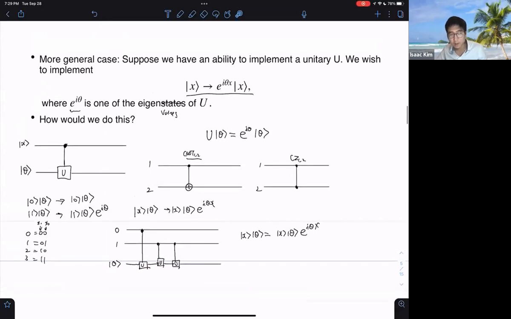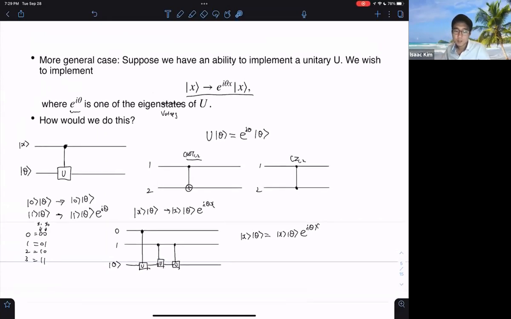So this is the technique known as phase kickback. The idea is that you have some unitary that you can implement on this ancillary register here. And the phase that is applied there is somehow kicked back to the register that you care about, x.